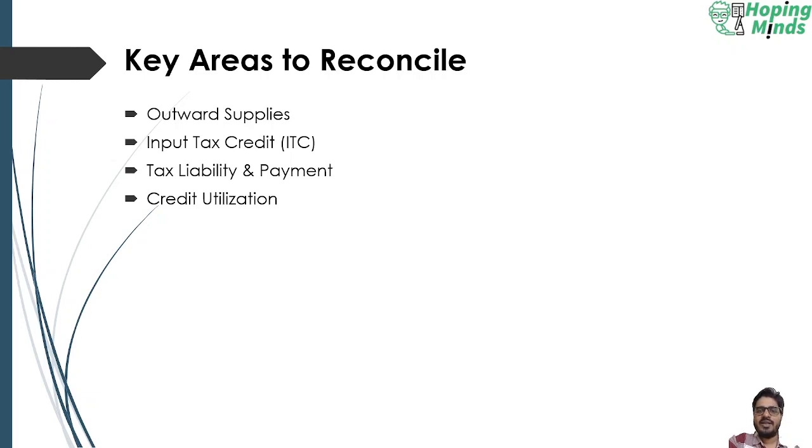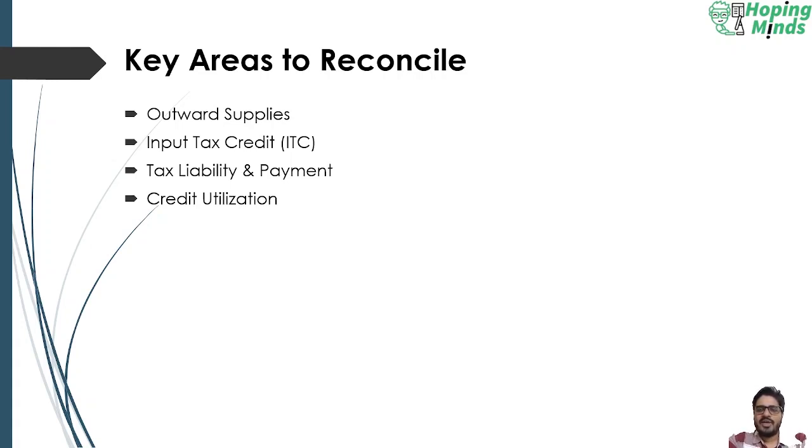Then input tax credit. We do report input tax credit in the GSTR 3B, and input tax credits are also recorded in the books of accounts against the purchases made from registered parties. So the input tax credit as reported in GSTR 3B must be reconciled with the books of accounts, that is the inputs that are appearing under the head duties and taxes in the books of accounts.